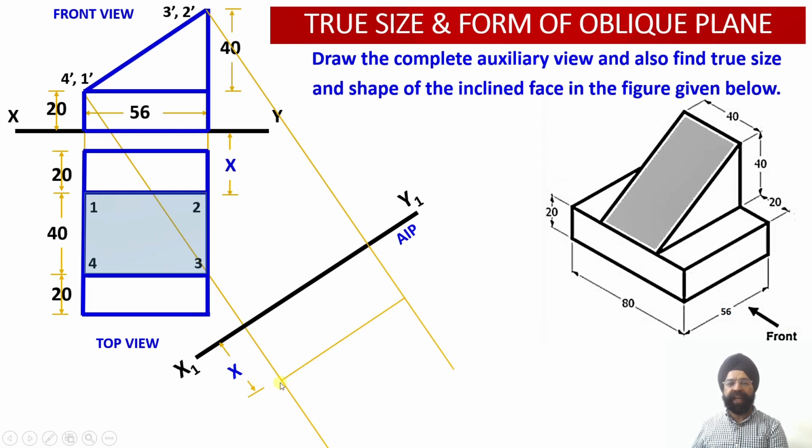So this point name which I have obtained over here will be 1₁ corresponding to point 1, and this point name will be 2₁ corresponding to this point number 2.